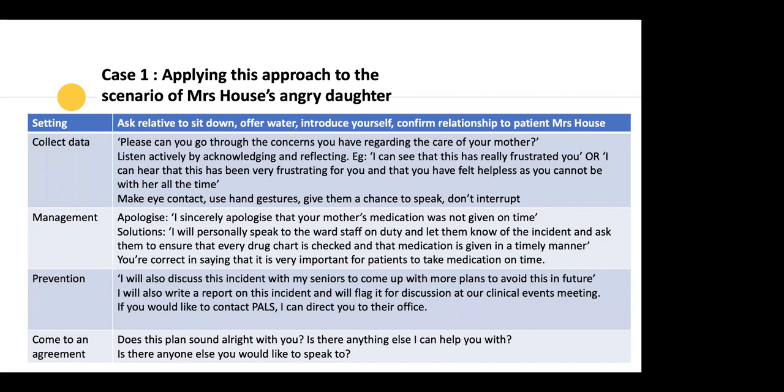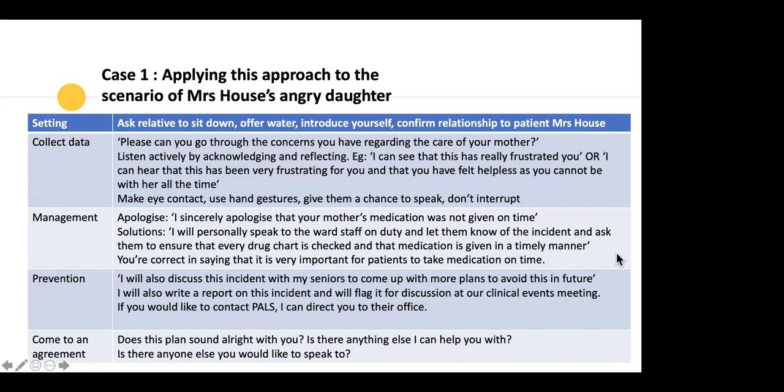An example is, I can see this has really frustrated you. It's important to make eye contact, use hand gestures, and give them a chance to speak. Don't interrupt them at all, just let them say everything they need to say. And then in terms of management, apologize and offer solutions.